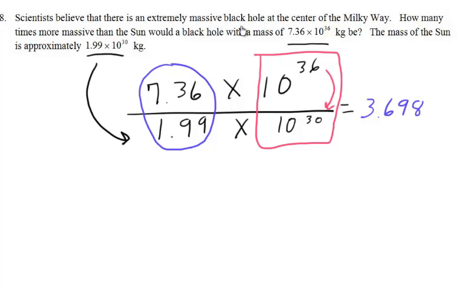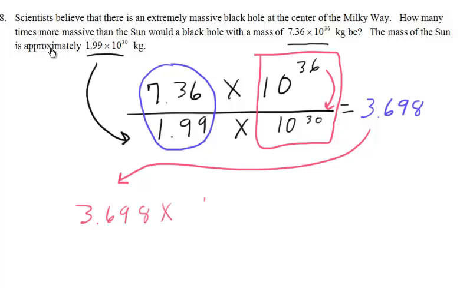That's going to give me my answer of 3.698 times 10 to the 36 minus 30, 6th power. And we could have actually rounded this whole thing to 3.7 depending on where we were looking to round to, if the rules told us what we're supposed to do. But there you go.